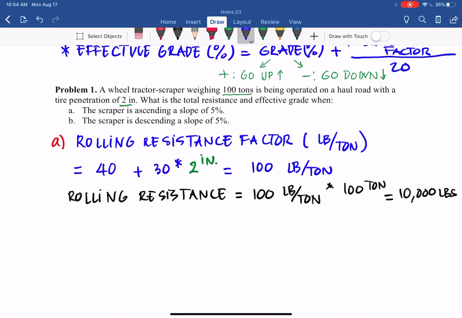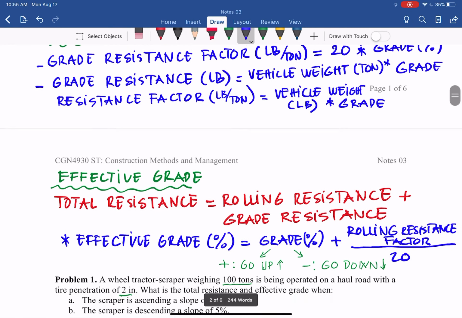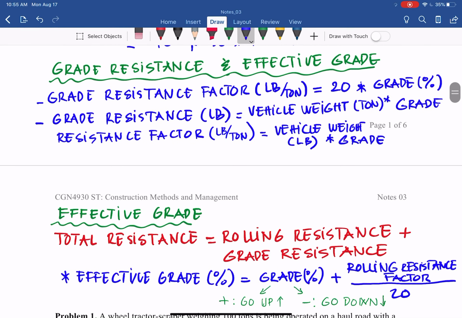So the slope, basically, how to consider the resistance due to slope. That is grade resistance, and we have an equation already. Grade resistance is equal to vehicle weight times the grade resistance factor, or vehicle weight times grade.